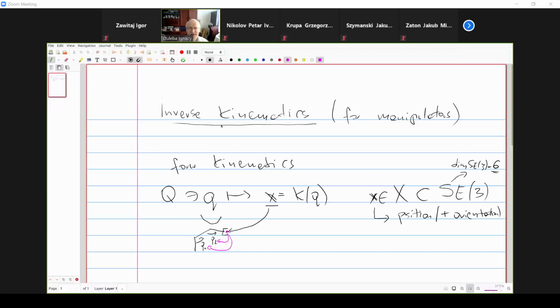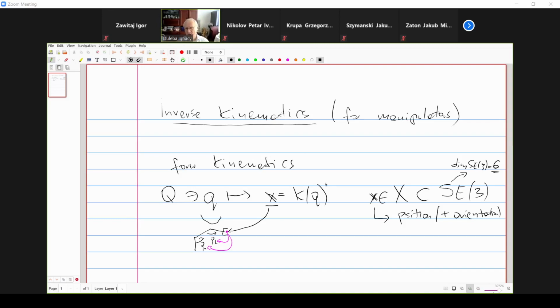angles or shifts at joints. Okay, so the first question is whether this task is simple or difficult. Of course, forward kinematics, despite all the details of how to calculate it, is finally quite a simple task. Why?